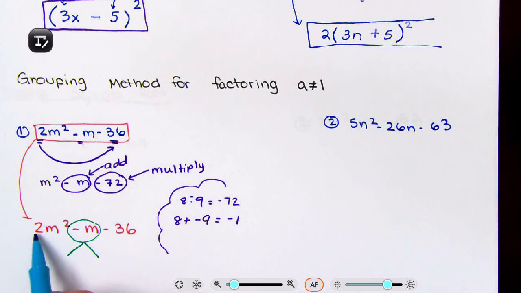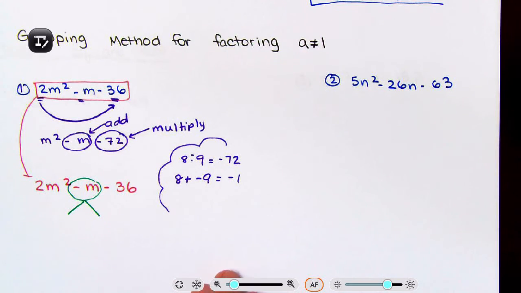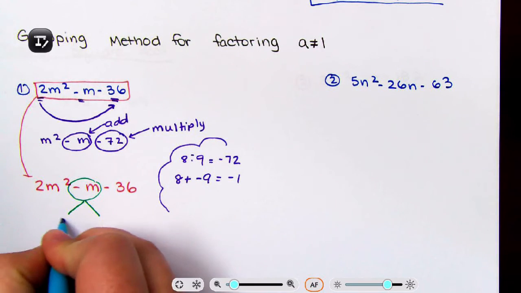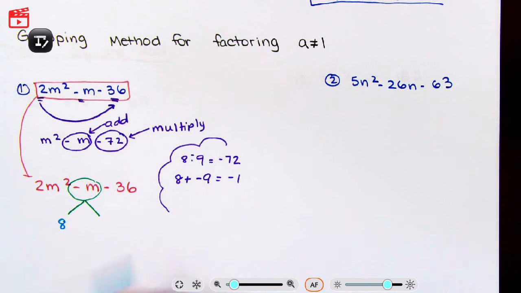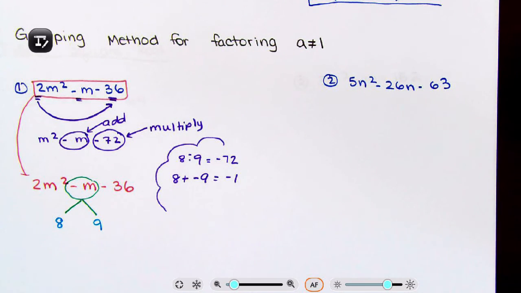I want this first leading term to have something in common with the first factor that I'm going to write. So does 2 and 9 have something in common, or does 2 and 8 have something in common? I believe 2 and 8 have something in common. 9 and 36 have something in common. So I'm going to write 8 and 9.